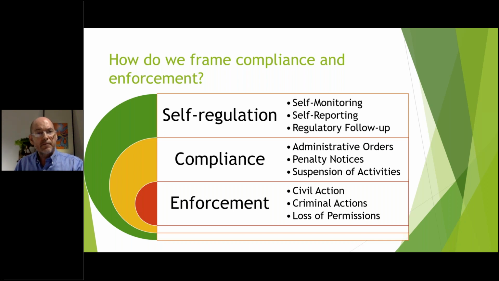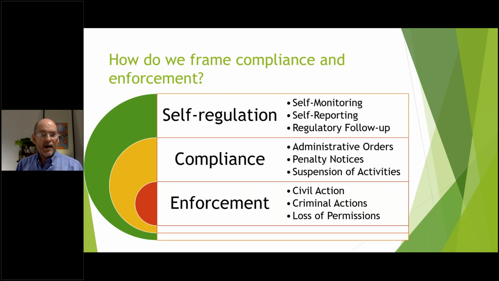But we then looked at compliance and we asked, how do we frame compliance and enforcement? And up front was self-regulation. And again, we've heard some interesting ideas about how some jurisdictions are moving away from self-regulation. But within the Cambodian experience, and certainly in Myanmar at the moment, we're still looking at the role and importance of facilities and project proponents to regulate themselves with self-monitoring, self-reporting, but also with the need for regulatory follow-up.